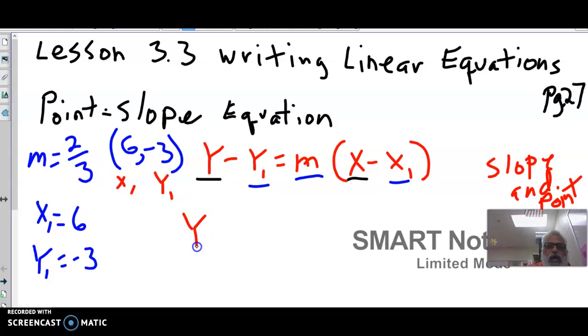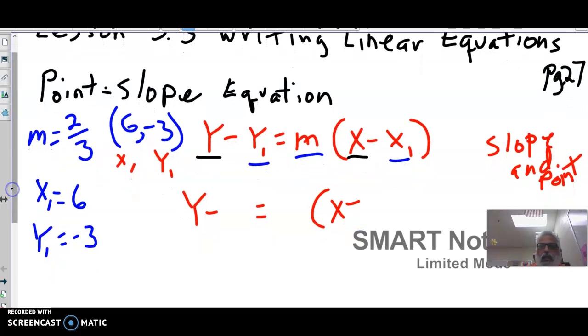So I got my y minus blank equals blank times x minus blank, and these are the three blanks I got to fill in. So my y1 is -3, my slope is 2/3, my x1 is 6.